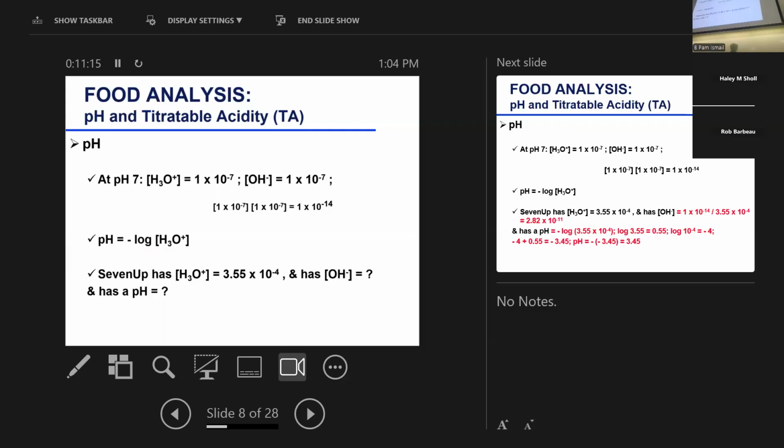And to solve it, so you have the hydronium ion.